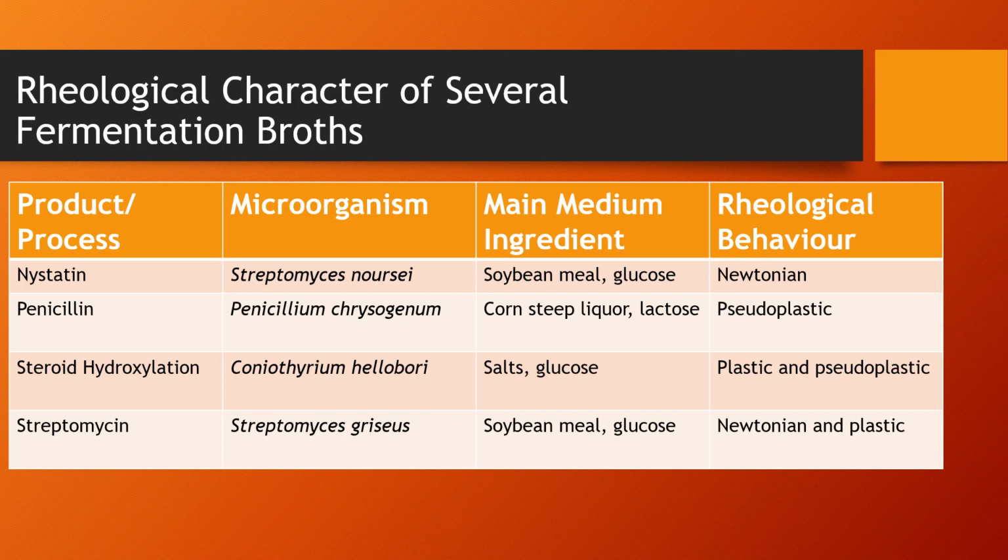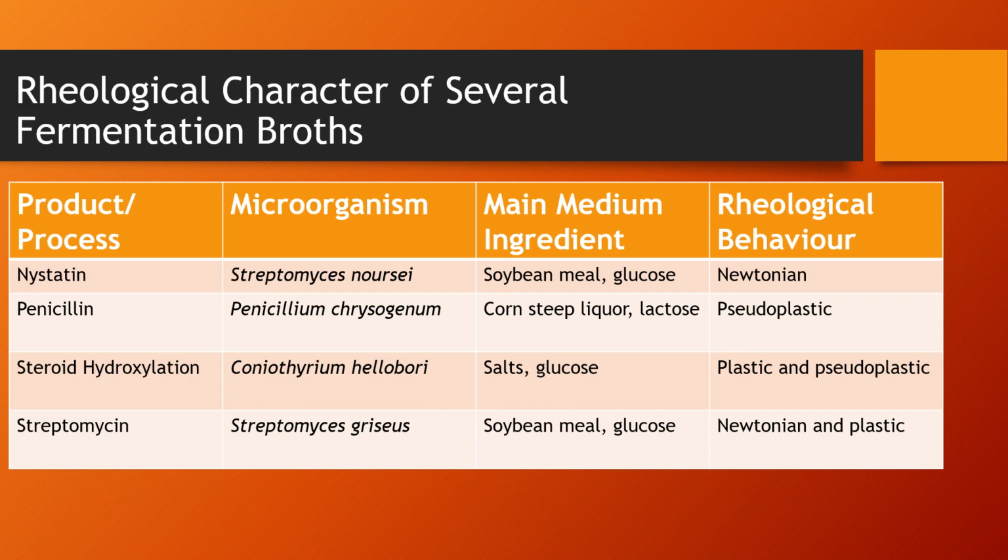Okay, so in case of nystatin, this is the product name, it is produced by Streptomyces noursei and the main medium ingredient in this case is soybean meal and glucose. Here what rheological behavior is shown? It is Newtonian. So majorly it is Newtonian. So it is a very good example of Newtonian flow of fermentation medium.